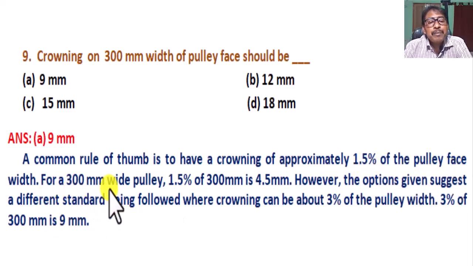For a 300 millimeter width pulley, 1.5% of 300 millimeter is 4.5 millimeter. However, another standard being followed is where crowning can be about 3% of the pulley width. 3% of 300 millimeter is 9 millimeter. So the correct answer is A, 9 millimeter.